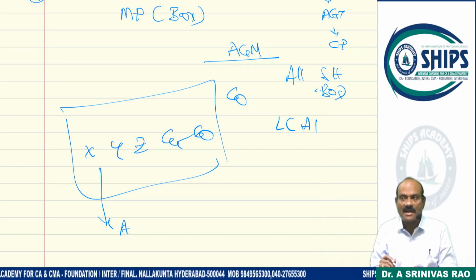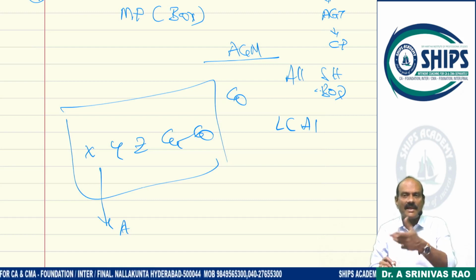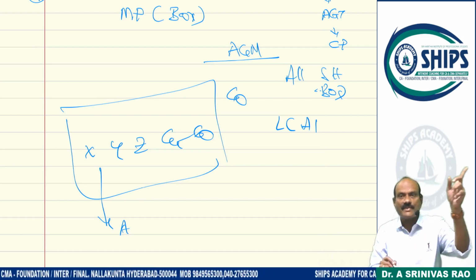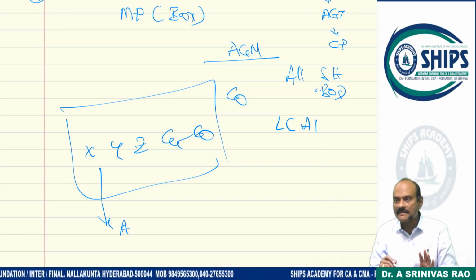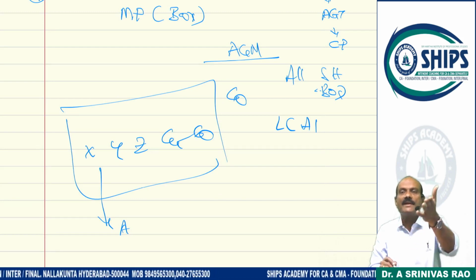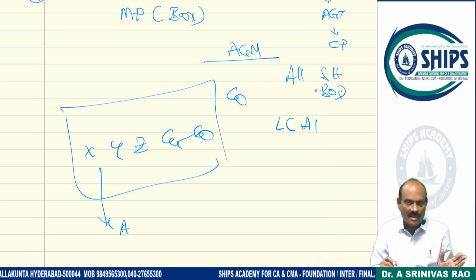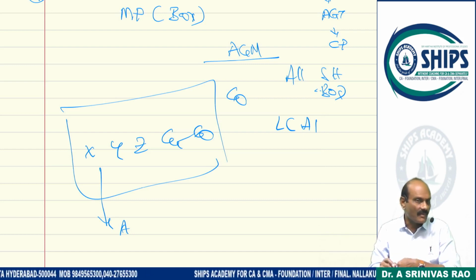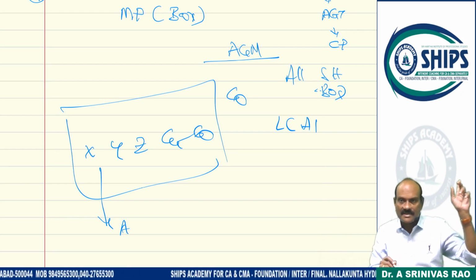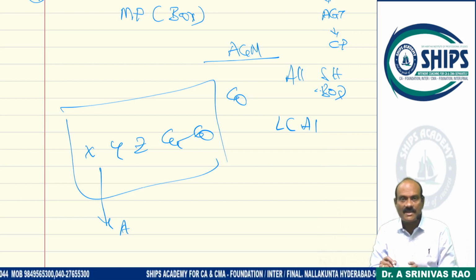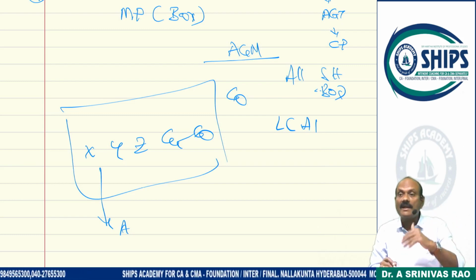Share warrants are transferable just by delivery. Registration with the company is not necessary, that's why just by delivery. When shares are not converted into stock, they are ordinary shares. If you want to transfer the share, registration with the company is necessary. That's why delivery and endorsement.